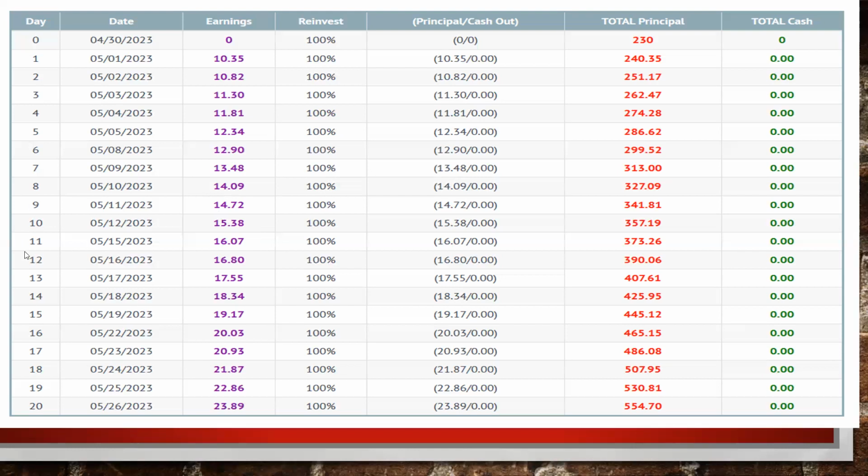And by the time you get up to trade 20 or day 20, you're at about 24 cents. So if you got in your option at $2.50, you're going to sell it for $2.74, which is 24 cents above where you bought in at.